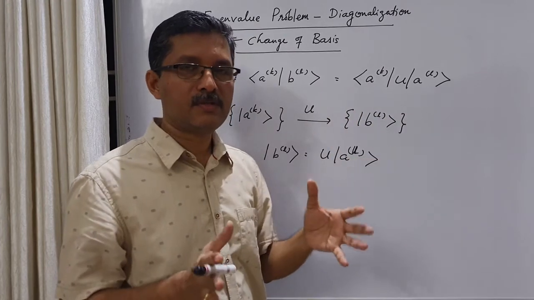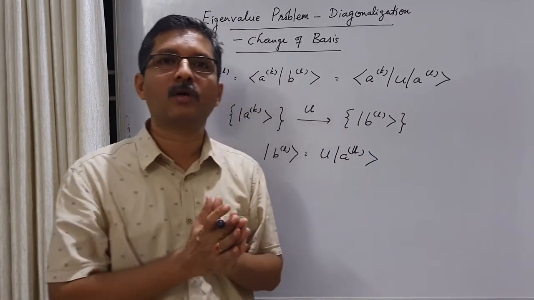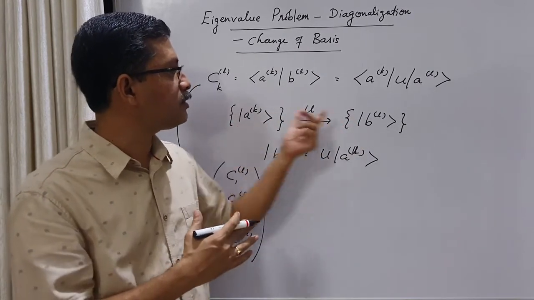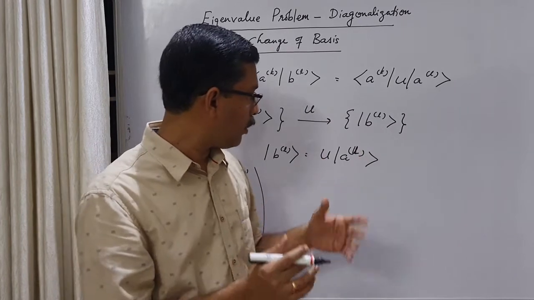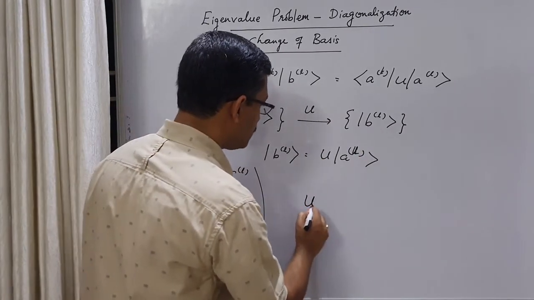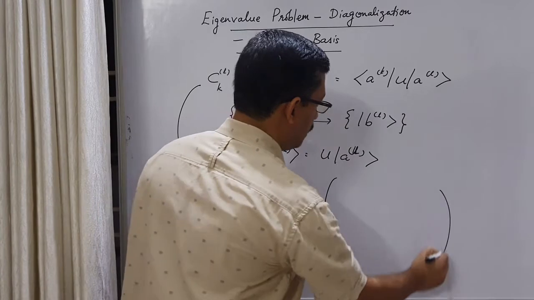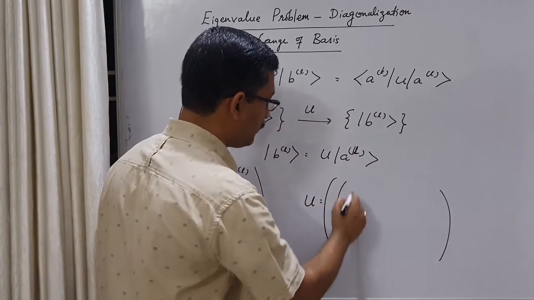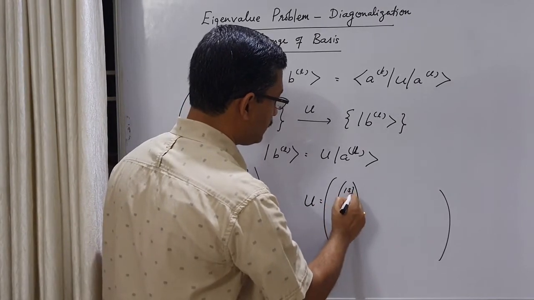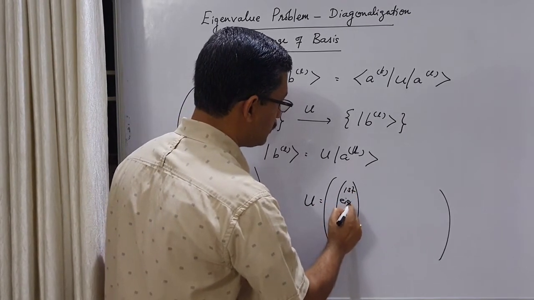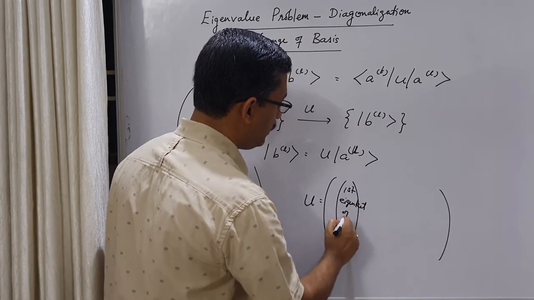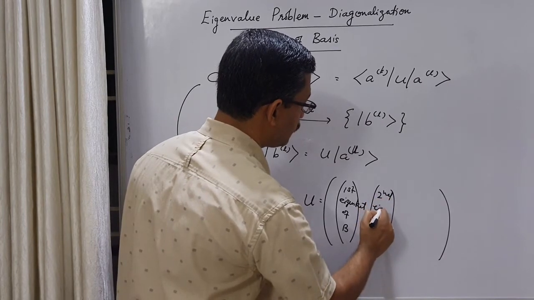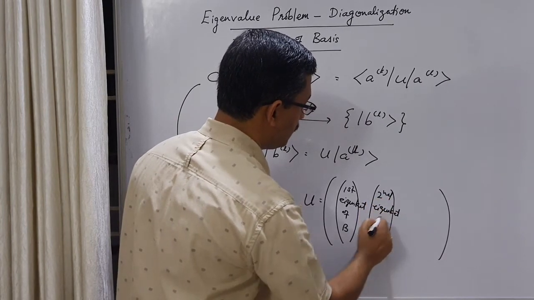Okay, so this gives you an idea about what type of unitary operator is required to produce this change of basis from the old basis to the eigenbasis of B. The unitary operator should be composed such that each column is an eigenvector of B. The first column is the first eigenket of B, the second column is the second eigenket of B, like that.